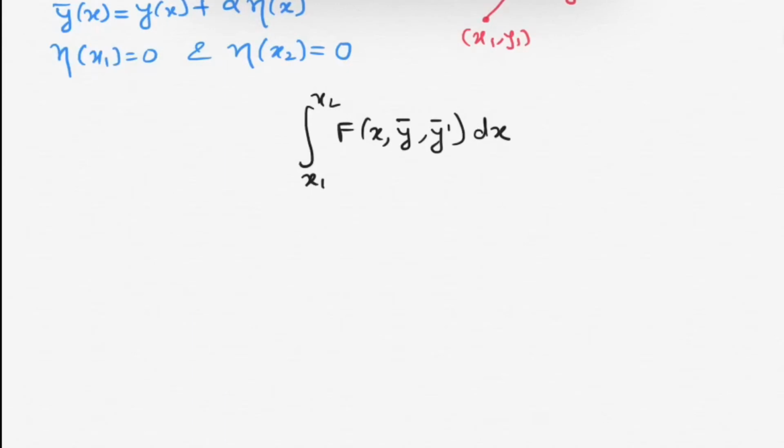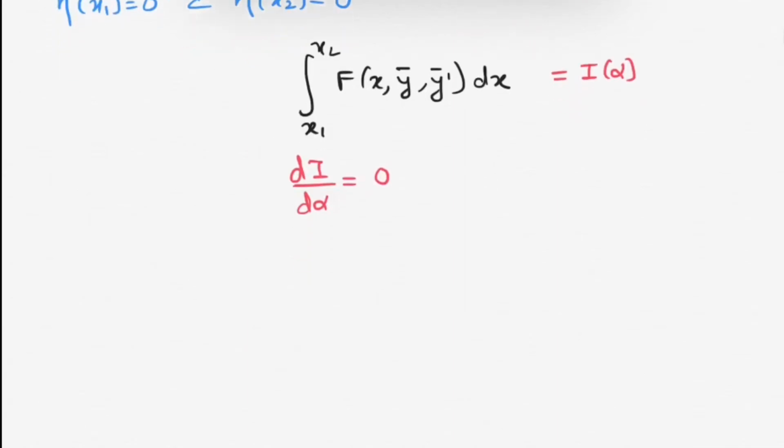So after integrating and putting in the limits, this will be a function of alpha, which we write as I(alpha). Now let's find the condition for what value of alpha I(alpha) will be extreme. From the necessary condition for extremal of function, it will be extreme when dI over d alpha equals 0.